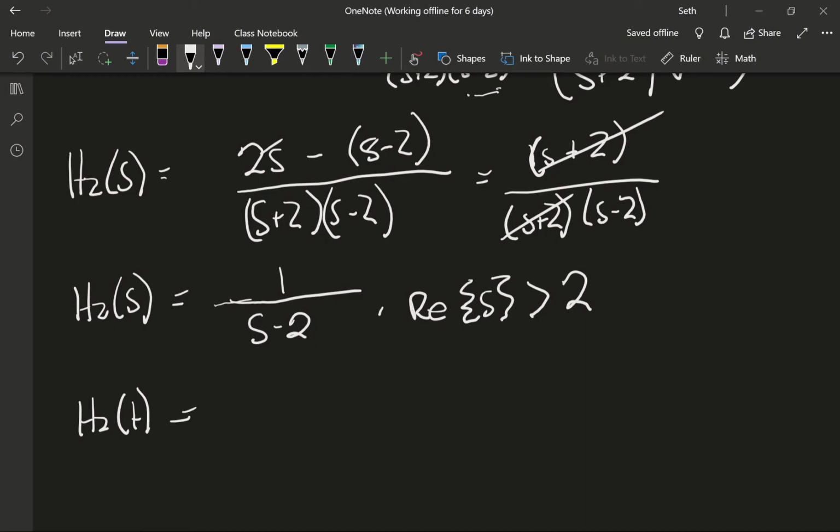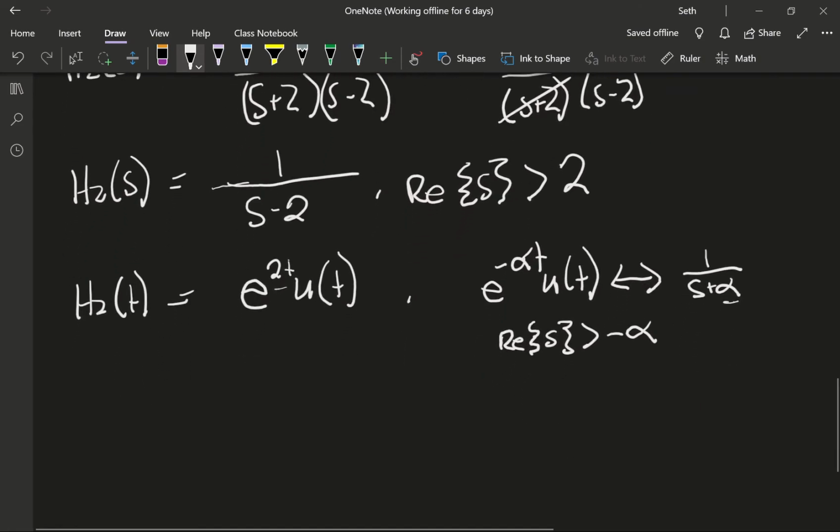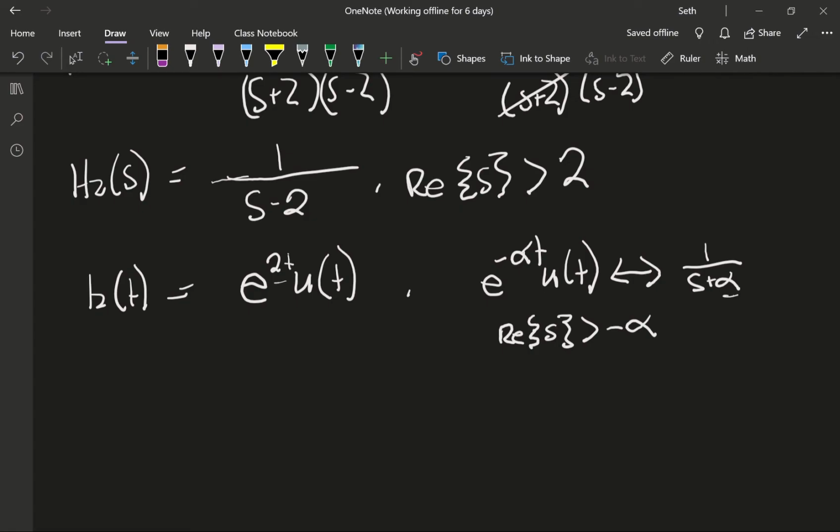So that will give us e to the 2t times u of t, and that's because alpha here was minus 2, so we get plus 2 here. And that's a lowercase t, sorry.